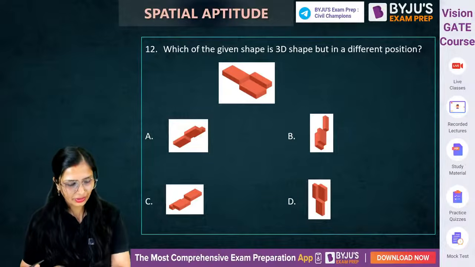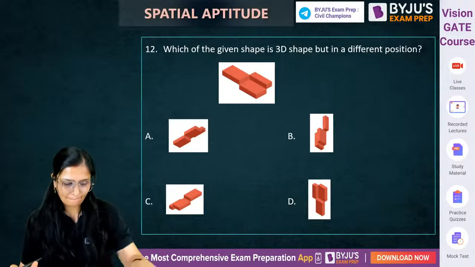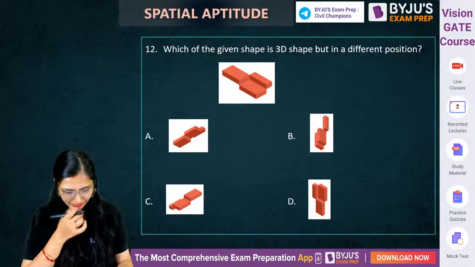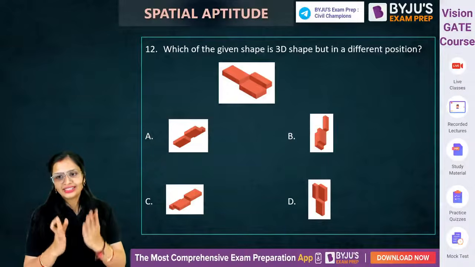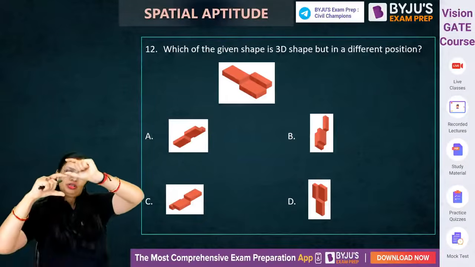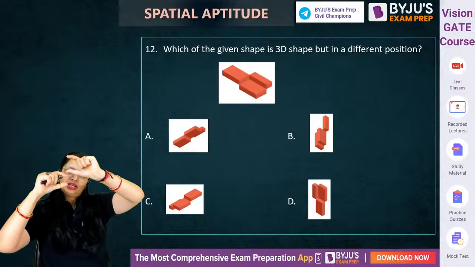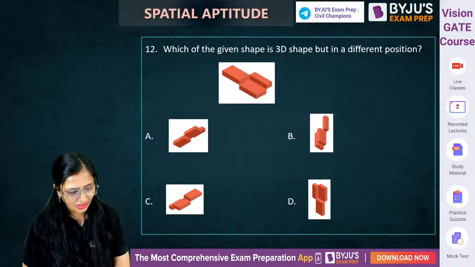Come on guys, quick, quick. Check it out. Two blocks are adjacent to each other. Only the one which is at the bottom, the other becomes the top. So the bottom becomes the top of the other. Which one will be the correct one?